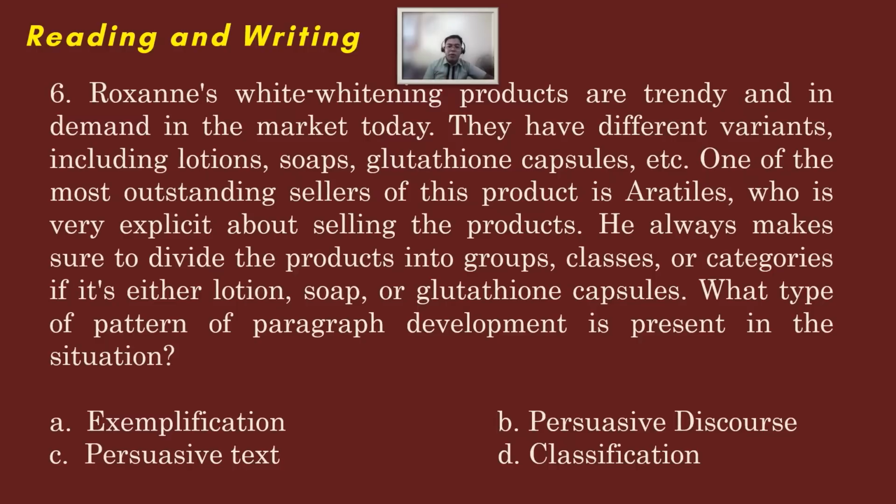He always makes sure to divide the products into groups, classes, or categories, whether it's lotion, soap, or glutathione capsules. Now, what type of pattern of paragraph development is present in this situation?